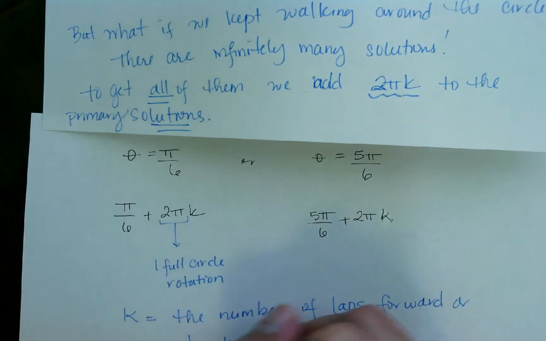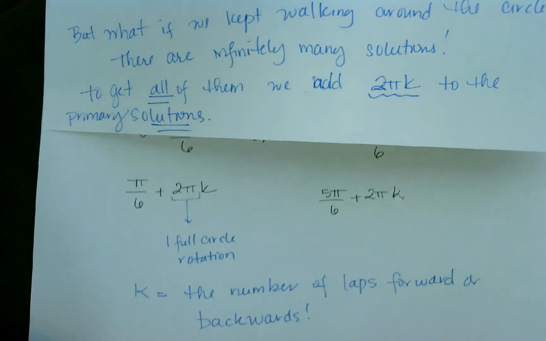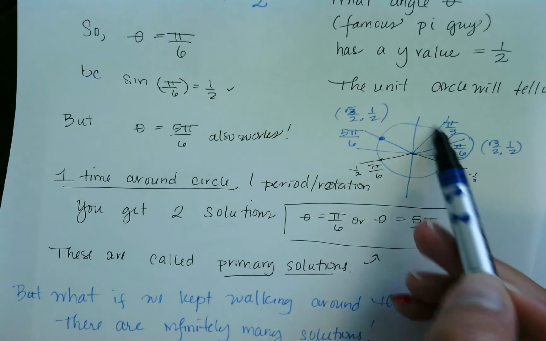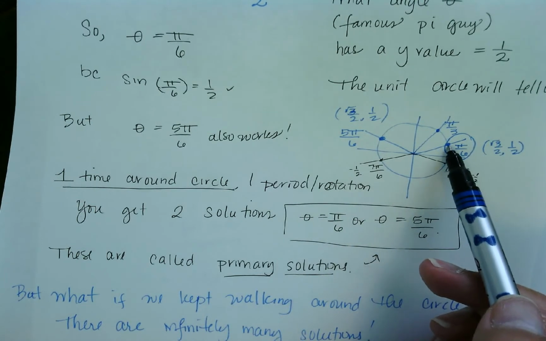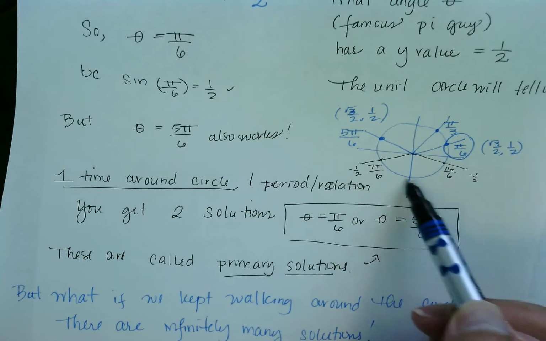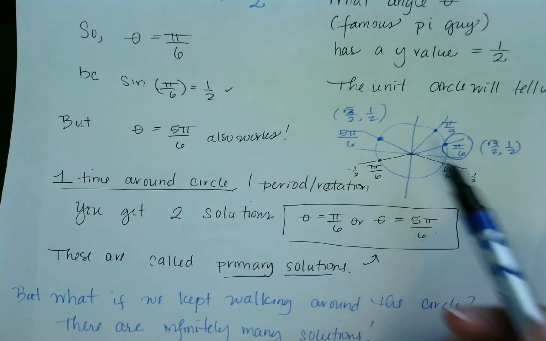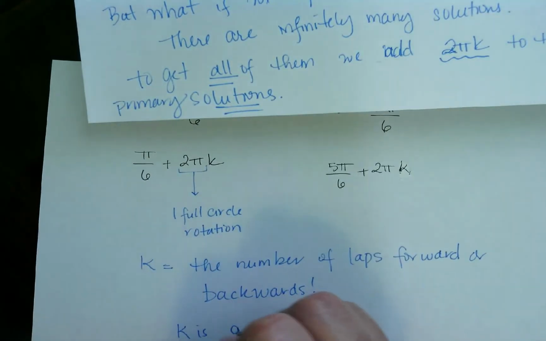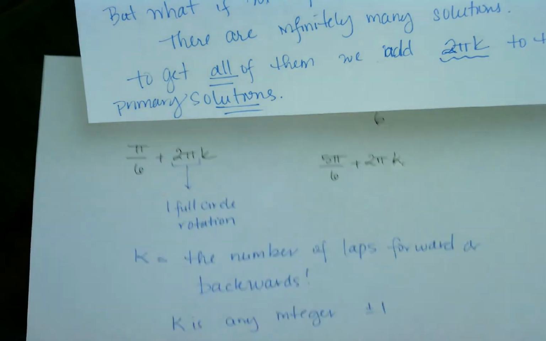You could start at pi over 6 and walk 2 pi, your normal counterclockwise rotation, or you could go backwards and walk 2 pi in the opposite direction and still land on pi over 6. So k is any integer. So plus or minus 1 lap, plus or minus 2 laps, etc. Okay, so that's what that k represents.